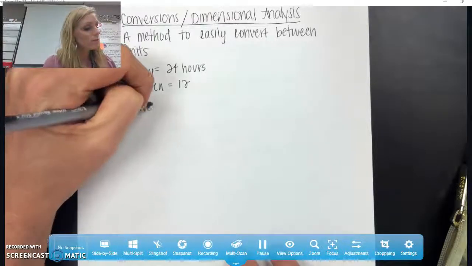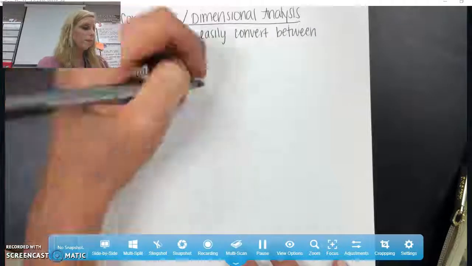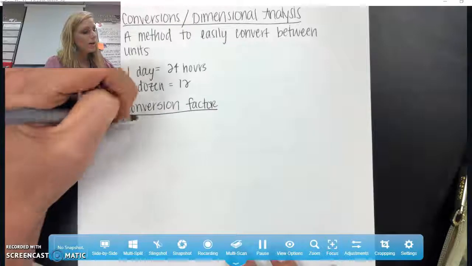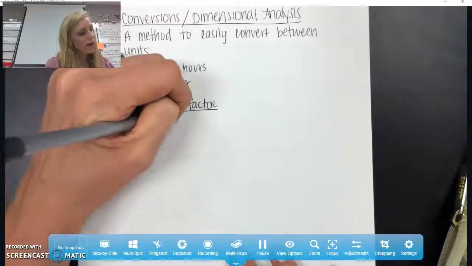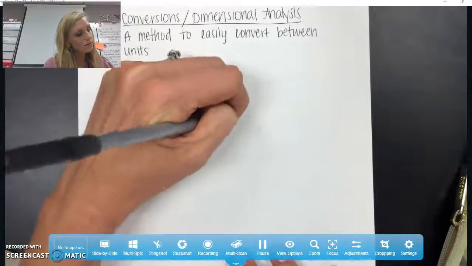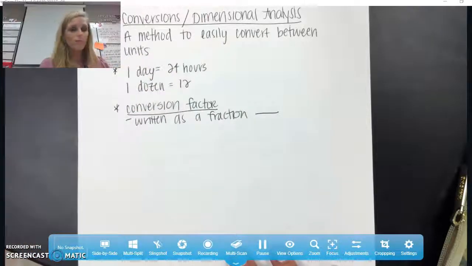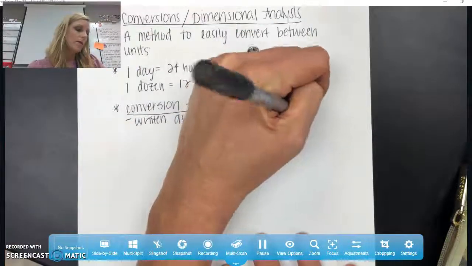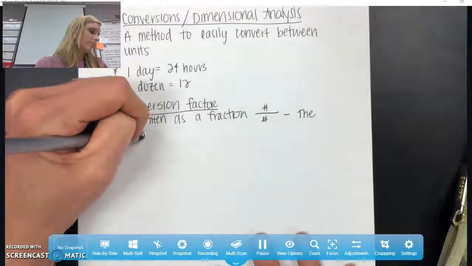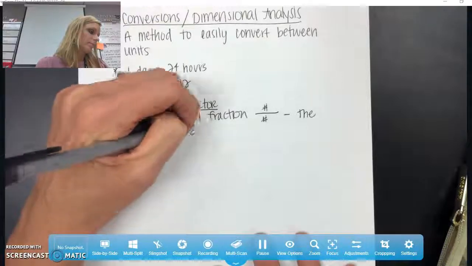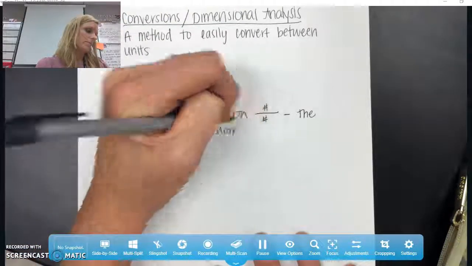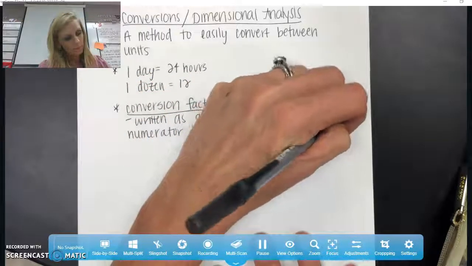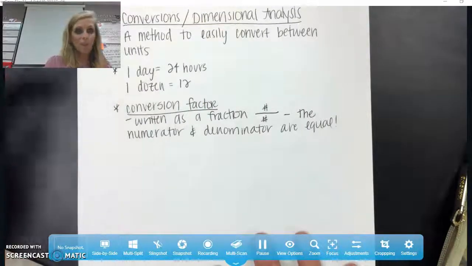One thing that you need to know before we jump into problems is what a conversion factor is. A conversion factor is written as a fraction, with a number on top and a number on bottom. The numerator and denominator are equal. They mean the same thing.